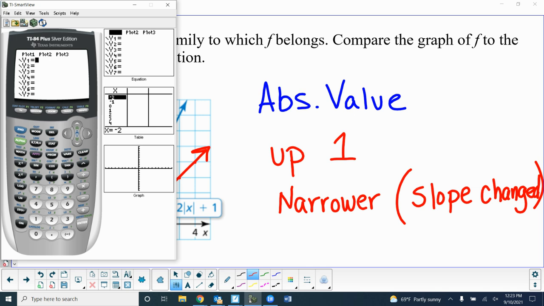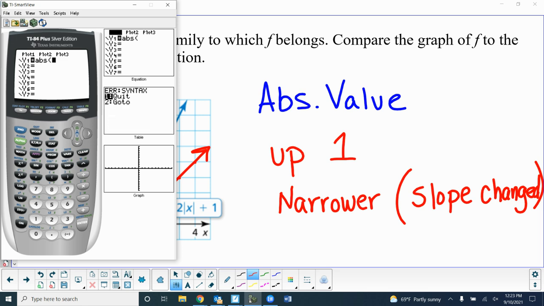All right? So to get the absolute value symbols to come up, hit this math button. It's third one down, far left. And then hit the right arrow key to highlight NUM for number. That first thing says ABS. That's standing for absolute value. Okay? So you're going to just hit enter.